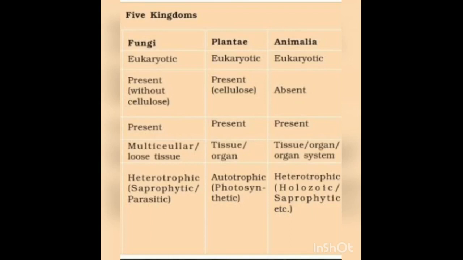So in fungi it is a multicellular tissue type, and in plants the tissue type and the organ types are formed because plants have roots, stems, leaves, etc. And in animals it is formed into tissues, organs, and organ systems. The mode of nutrition in plants is autotrophic because they can prepare their own food. But fungi and animals are heterotrophic.